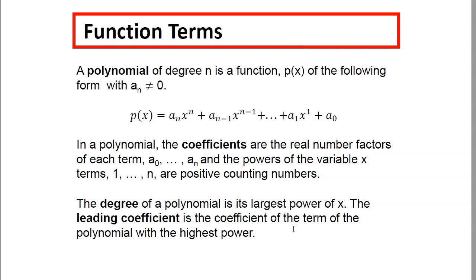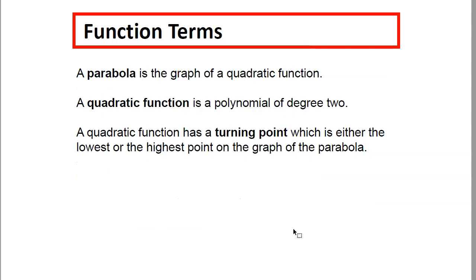In this polynomial, the coefficients are the real number factors of each term, so a0 through an, and the powers of the variable terms, so 1 through n here, are positive counting numbers. The degree of the polynomial is the largest power on x, and the leading coefficient is the coefficient of the term of the polynomial with the highest power.